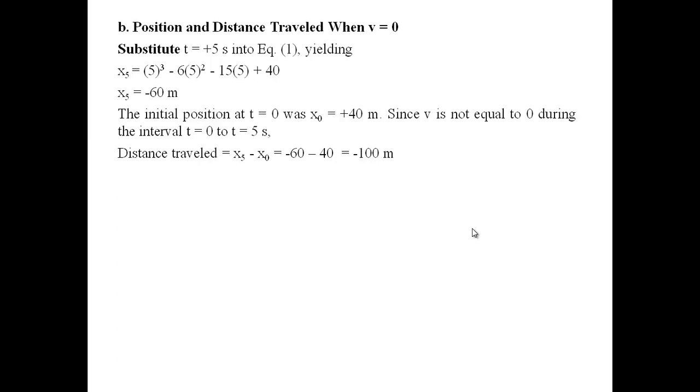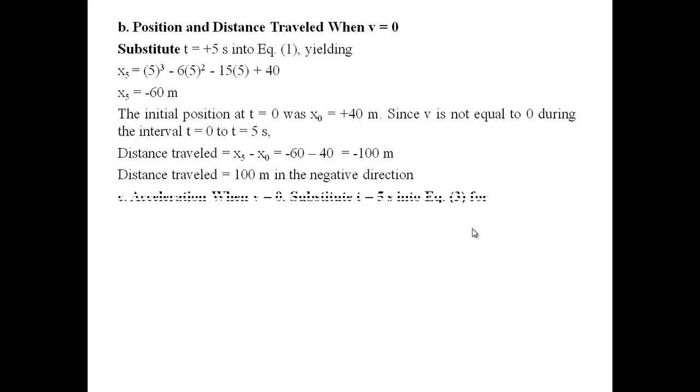Substituting this, we get the value of minus 100 meter. So the distance traveled between t is equal to 0 and t is equal to 5 seconds is 100 meter. The negative shows that it is in the negative direction.